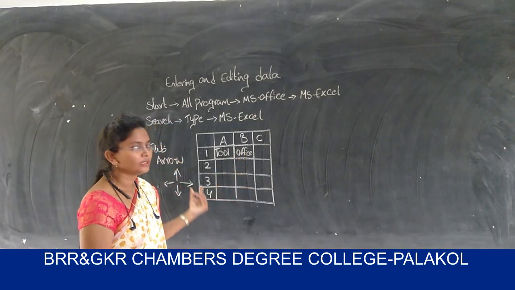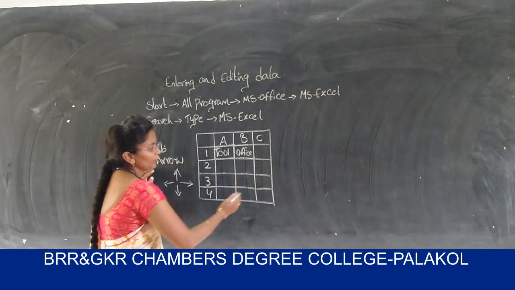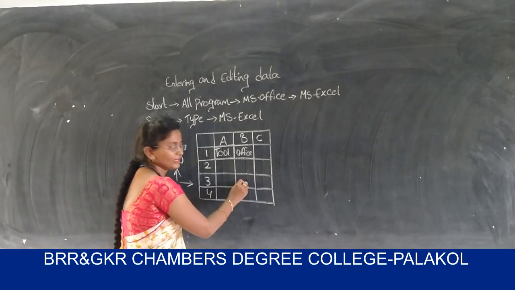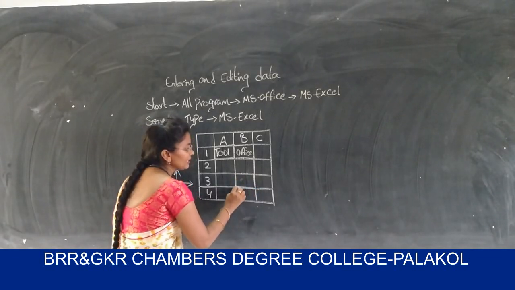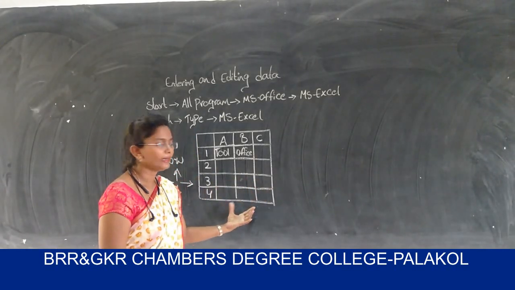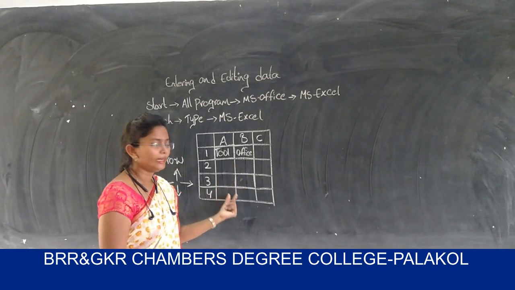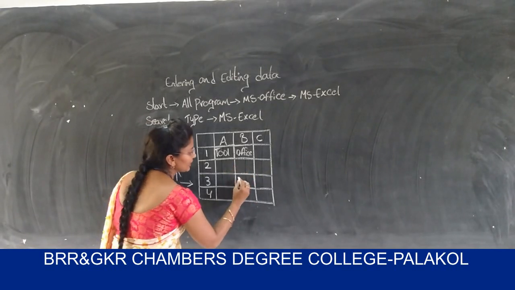If you want the middle cell, then place the mouse pointer in this cell and click on this cell. If you click on this cell, then automatically this cell is highlighted and the remaining cells are dehighlighted, or this cell is activated and the remaining cells are inactivated. If this cell is activated, I can write something in this cell.